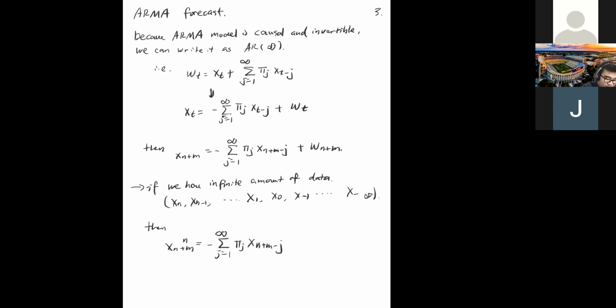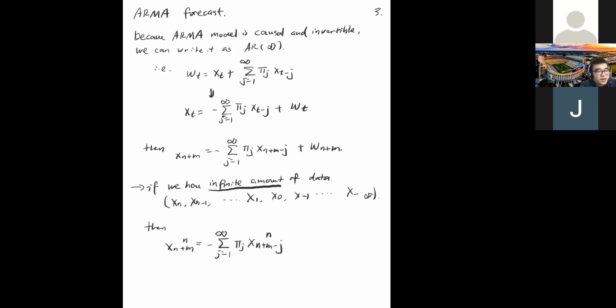Even though j goes to infinity, since we have an infinite amount of data, this is a valid forecast. But this would require infinite data.